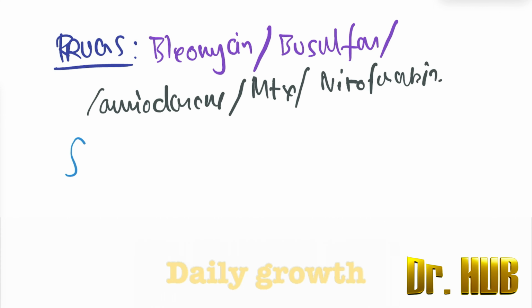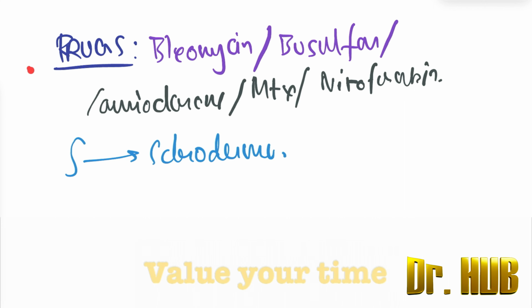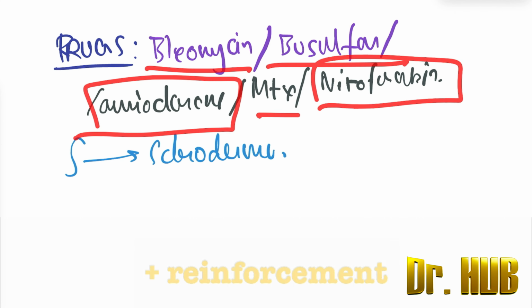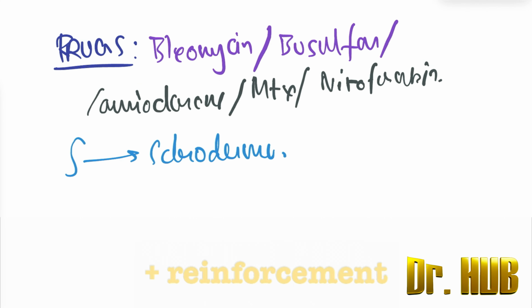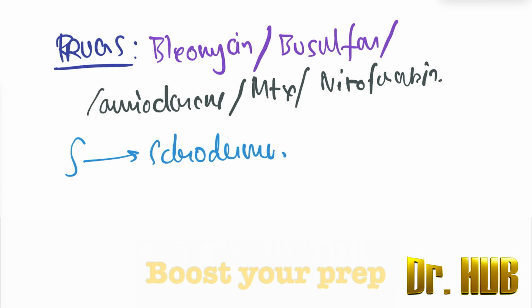Next comes S. S stands for scleroderma. Now let's just recap. We saw the drugs: bleomycin, busulfan, amiodarone, methotrexate as well as nitrofurantoin. Next comes S. S stands for scleroderma.